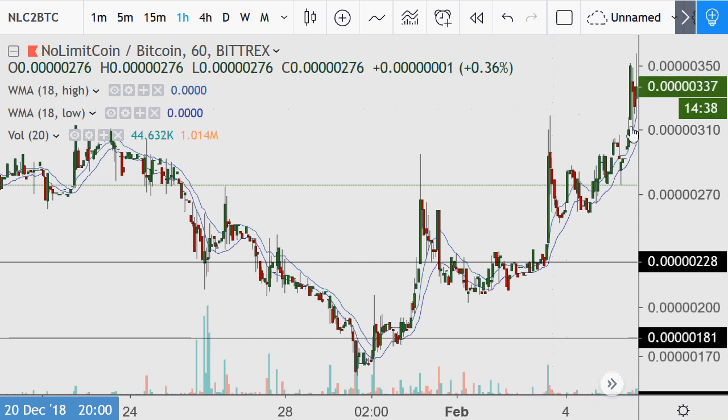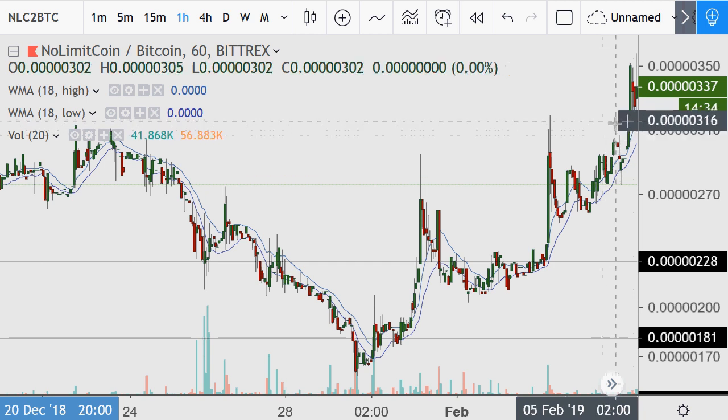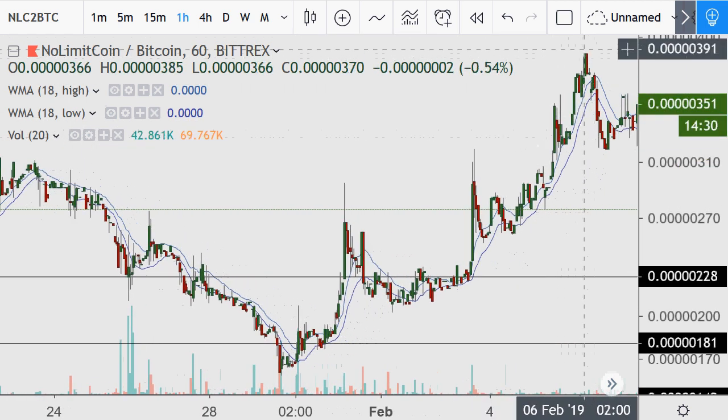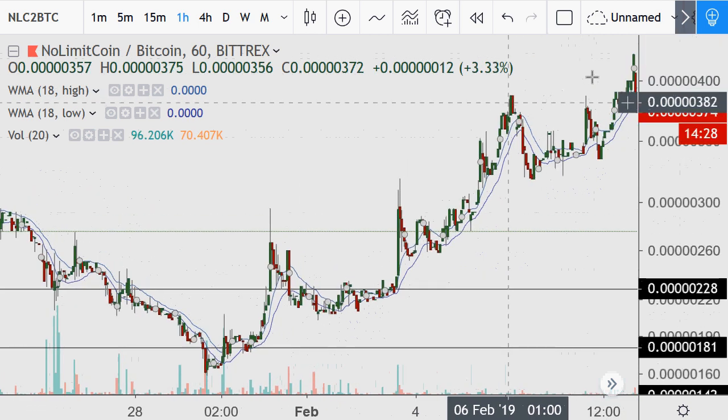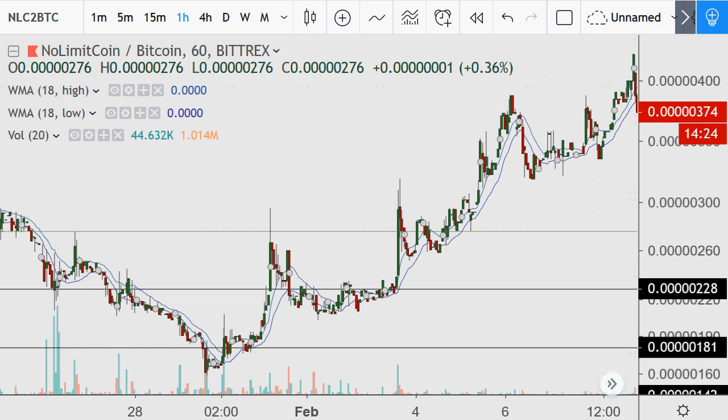I don't know if it goes there, but I think 409, 415. I'm not going to put a line in, but 414 is where I would go. I don't think it does go there, though. Maybe it did. Did this high go to 414? It did. So we'll put a sell order there.